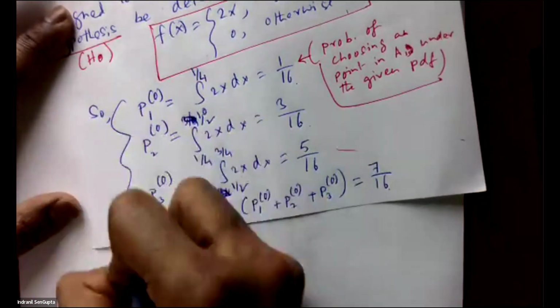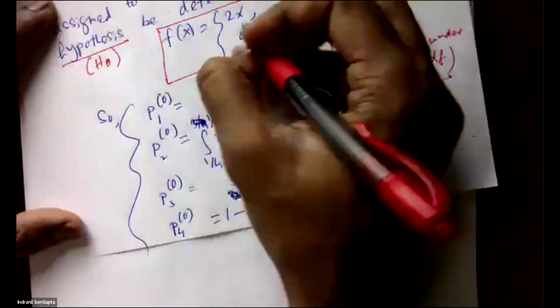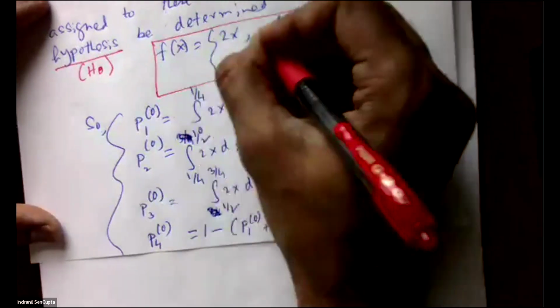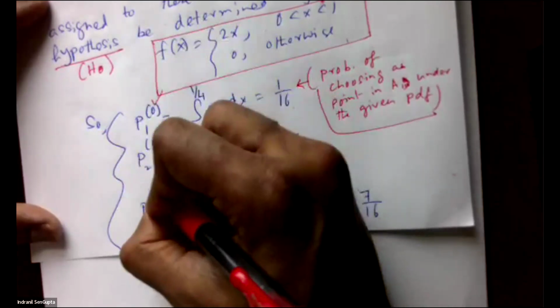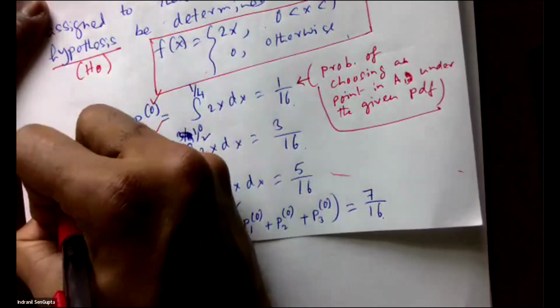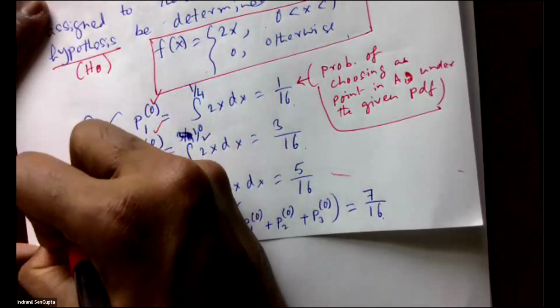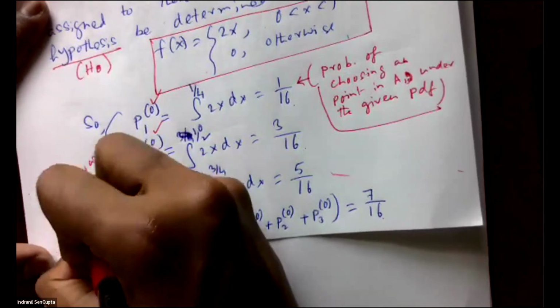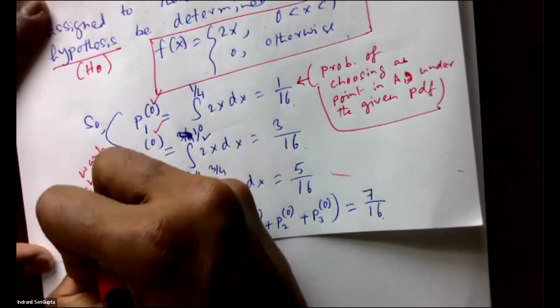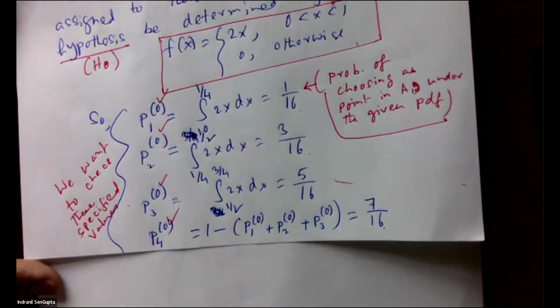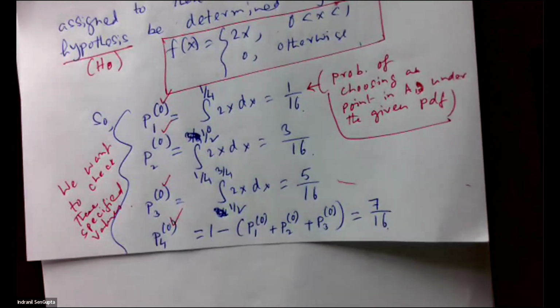Now, once again, what are the zeros? My null hypothesis is that this is the PDF. Since we are computing this using the null hypothesis, I'm writing 0. So those are the specified values. We want to check these specified values. So that is the goal.